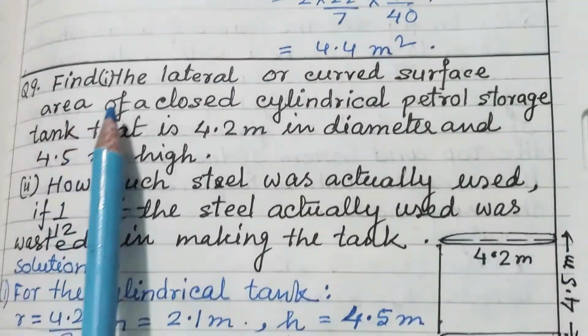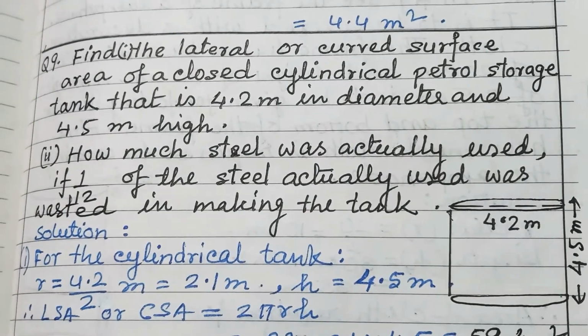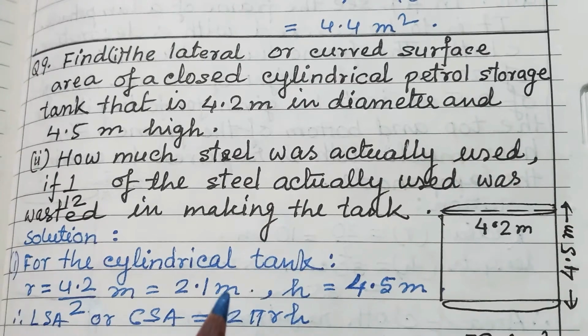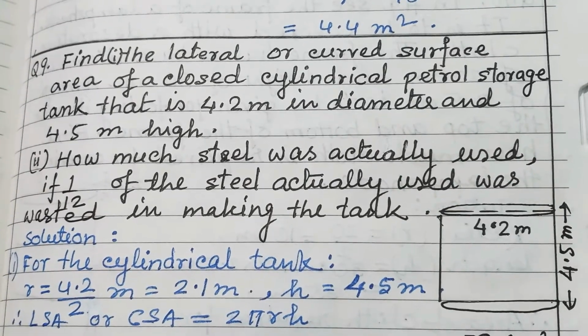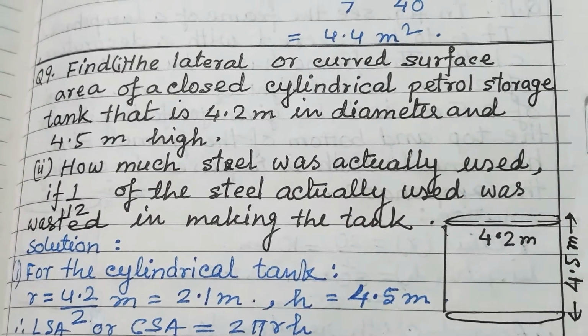Question number 9. Find the lateral or curved surface area of a closed cylindrical petrol storage tank that is 4.2 m in diameter and 4.5 m in height.